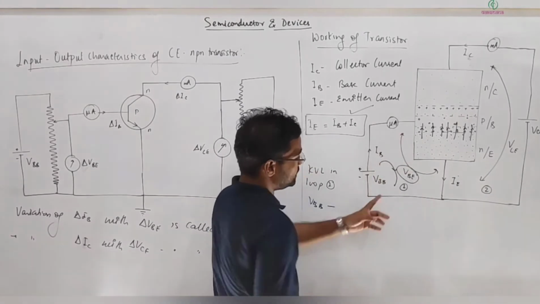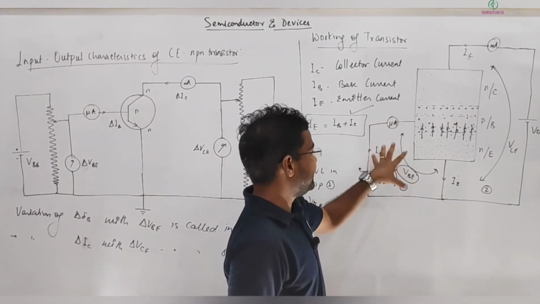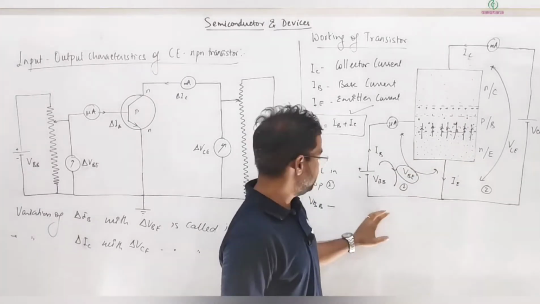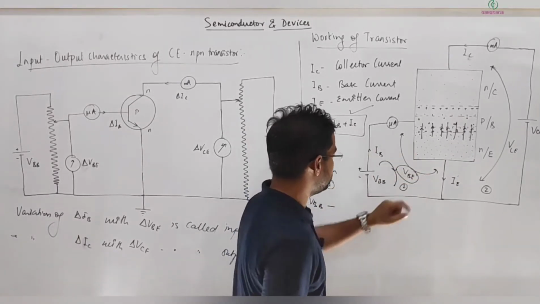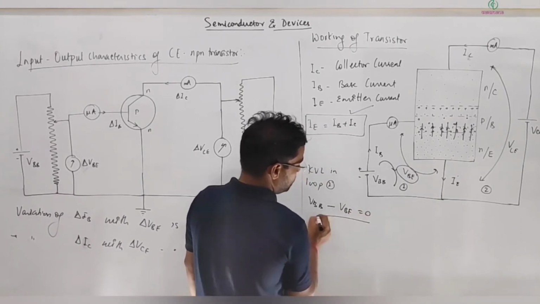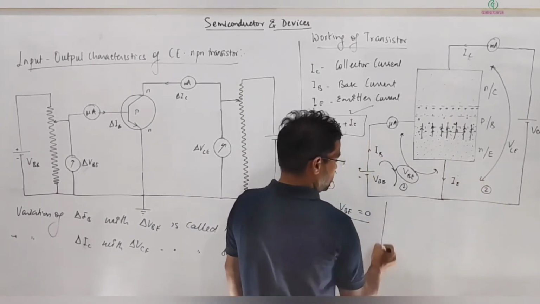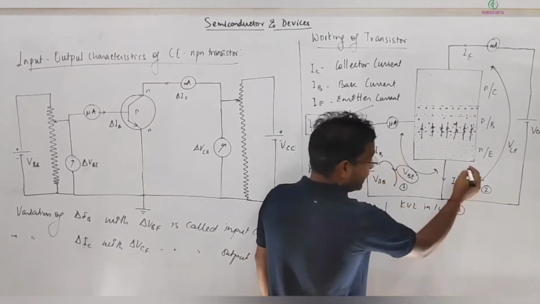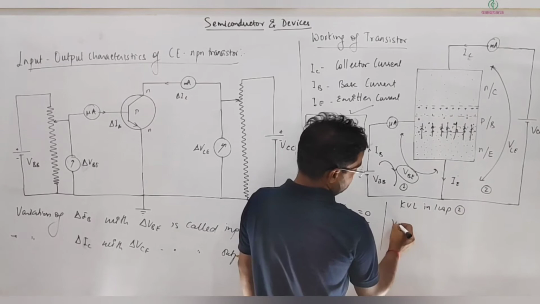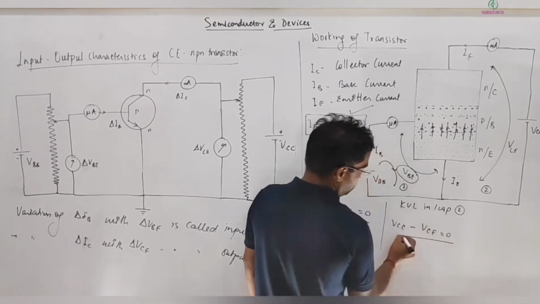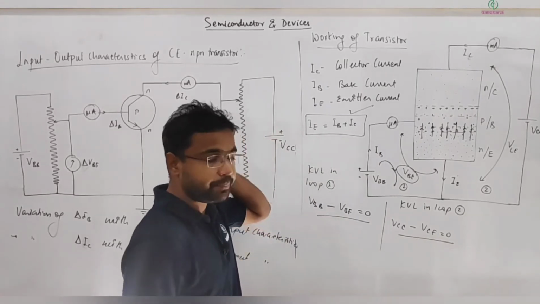And because the potential drop in a complete loop is 0, here it should be minus VBE, and that equals 0. Similarly, you can write KVL in loop 2, and that will be VCC minus VCE equal to 0. So that is a simple relation.